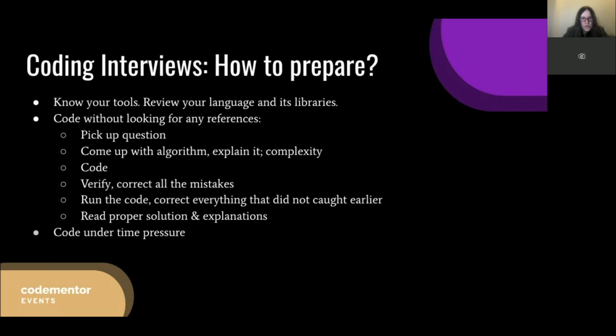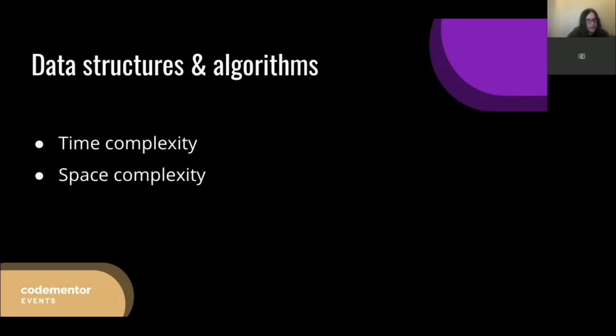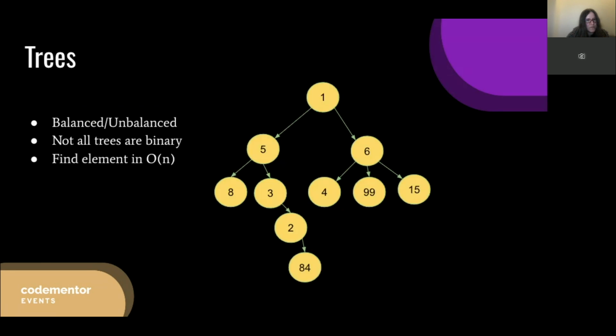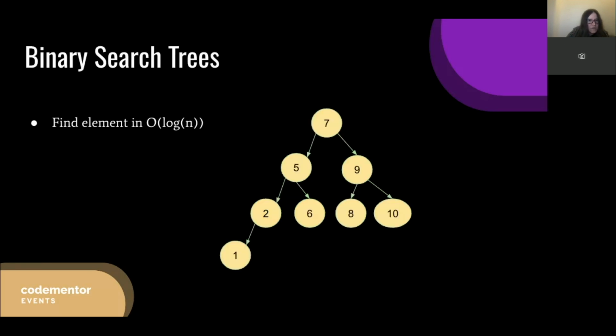I would say O(log n) for the tree. I can try to explain it, but if you find that you struggle with this, it's a binary search tree, and I would suggest looking for some courses on Coursera from different universities.